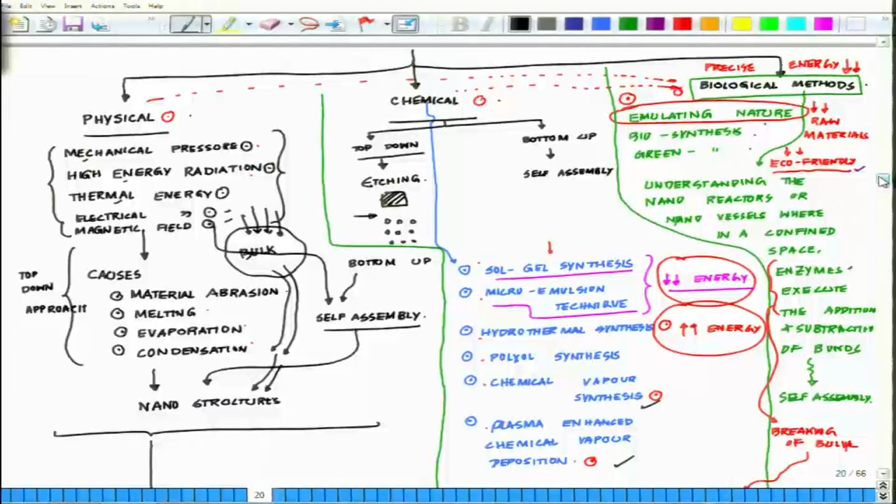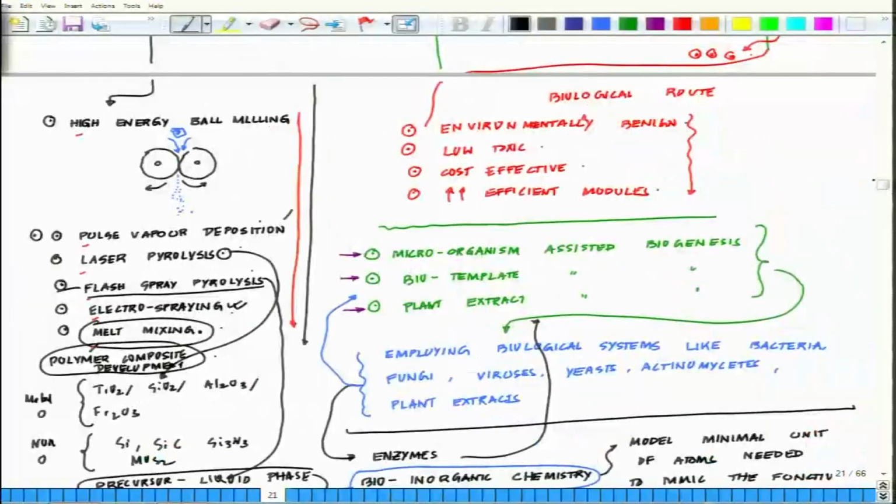and these are further classified based on the route we are following. There could be physical, chemical, or biological. Physical, we have talked about all the techniques: high energy ball milling, pulse vapor deposition, laser pyrolysis, flash spray pyrolysis, electrospraying, melt mixing, and polymer composite development.